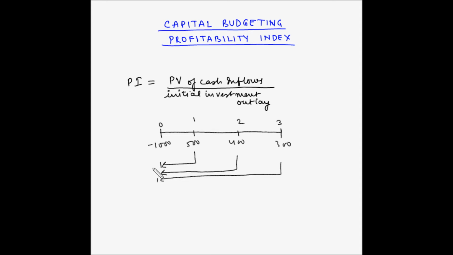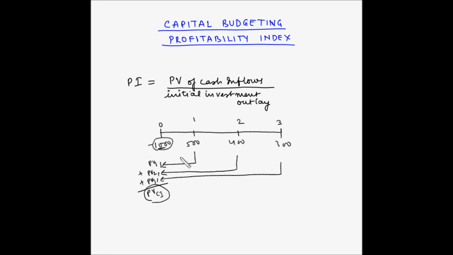Let's say this is PV1, PV2, PV3, adding them up, so we get the present value of the cash inflows, and the cash outflow or the initial investment is already in the present value format. So then we are taking the ratio of the present value of cash inflows to the initial investment outlay.